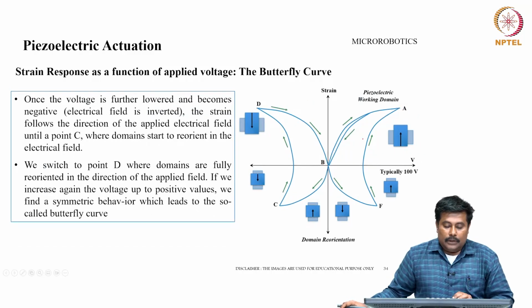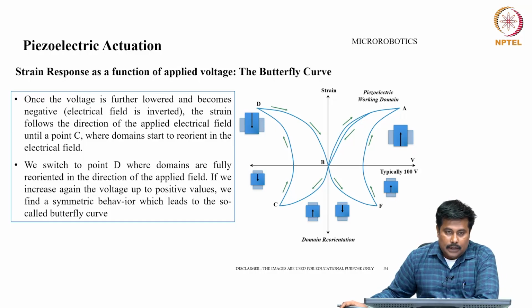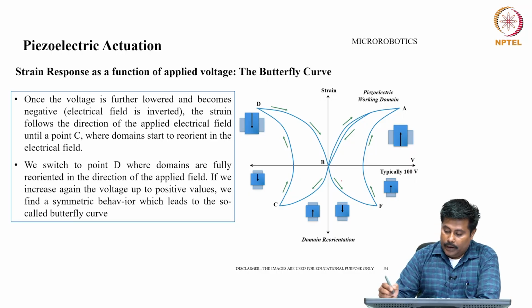Once the voltage is further lowered and becomes negative, the strain follows the direction of the applied electric field until point C, where the domains start to reorient in the electric field. We switch to point D, where domains are fully reoriented in the direction of the applied field. If we increase the voltage again up to positive values, we find a symmetric behavior, which is called a butterfly curve.